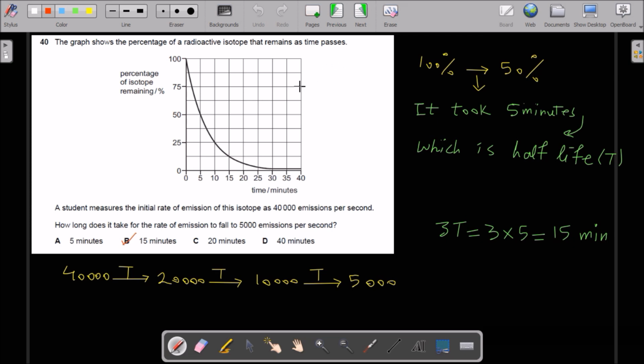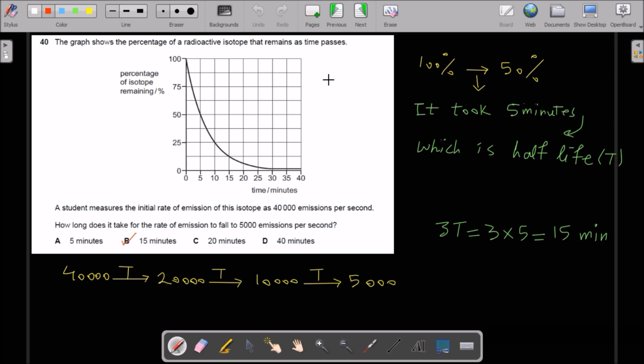Okay, last question. The graph shows the percentage of a radioactive isotope that remains as time passes. This graph is percentage of isotope remaining against time, which is in minutes. A student measures the initial rate of emission of this isotope as 40,000 emissions per second.